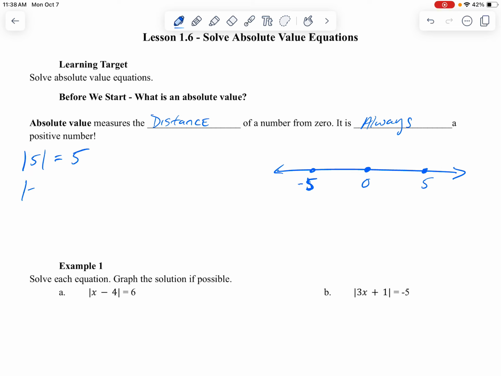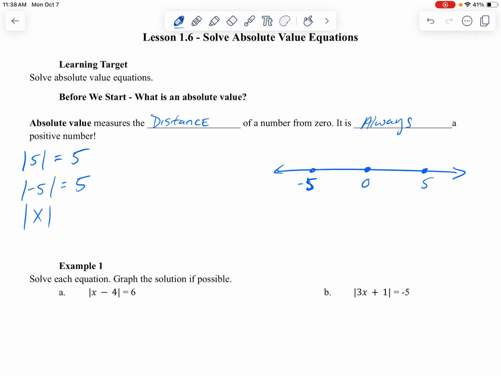The absolute value of -5 is also 5, just like we showed on this diagram here on the right. So this always has to be a positive number. If we start thinking about the absolute value of some variable, that's when things might get a little bit different.